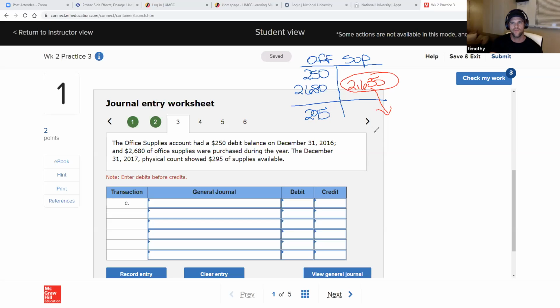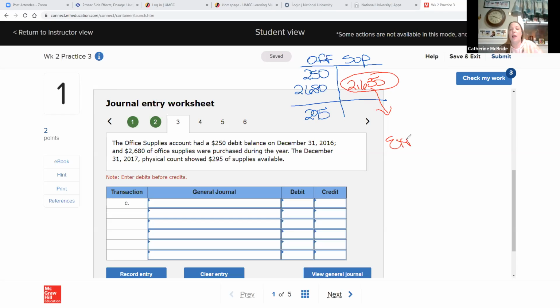It is an expense. What kind of expense do you think? How about we just call it office supplies expense? It represents the supplies that we've used.